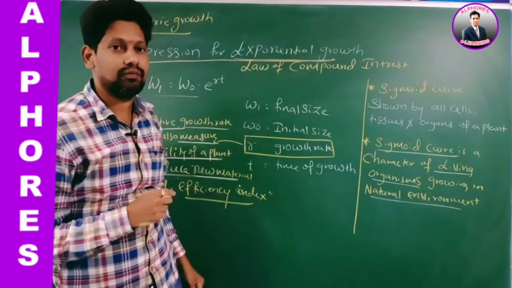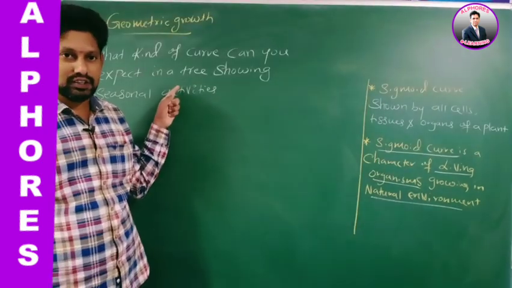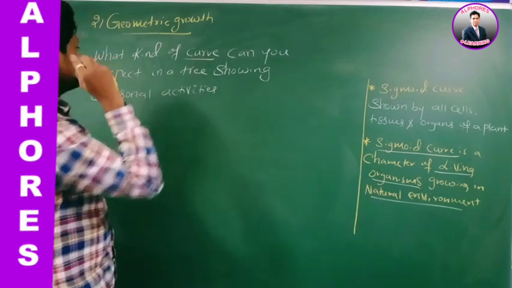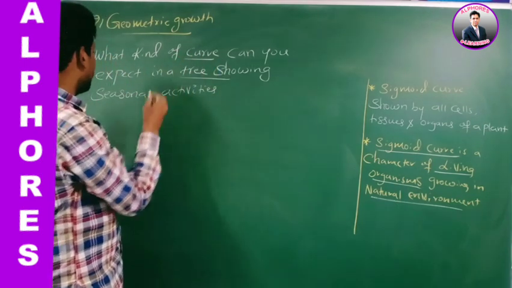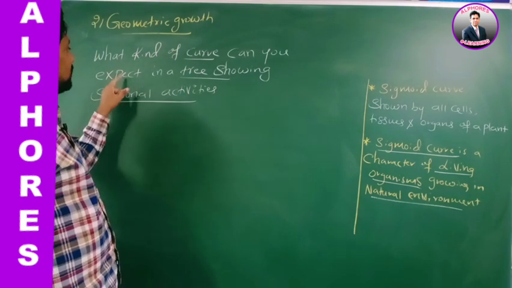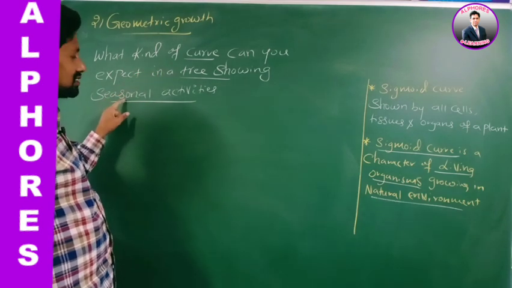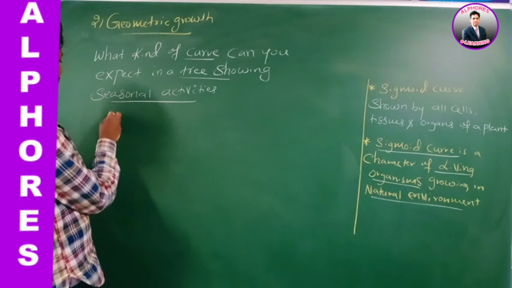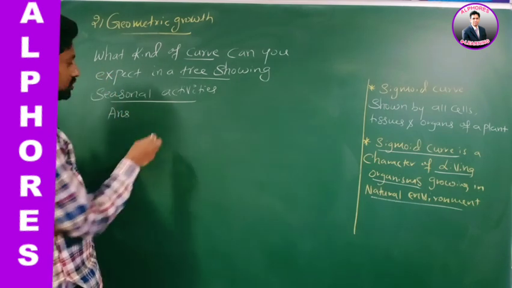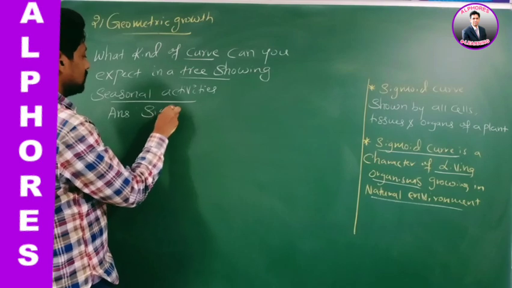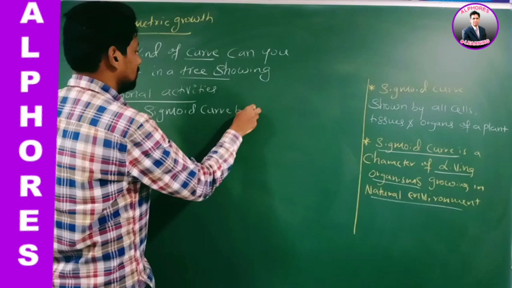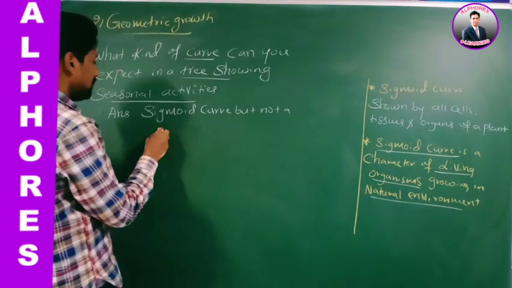A question is given in your textbook: what kind of curve can you expect in a tree showing seasonal activities? That curve is a sigmoid curve, but not a typical sigmoid curve.